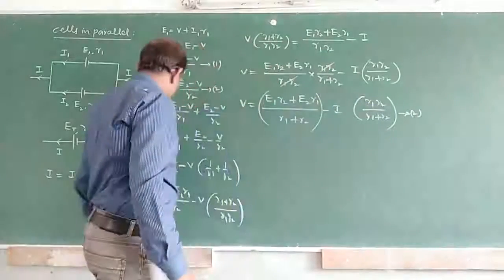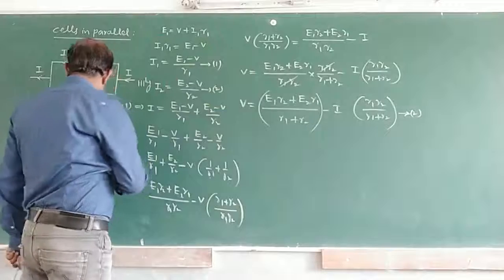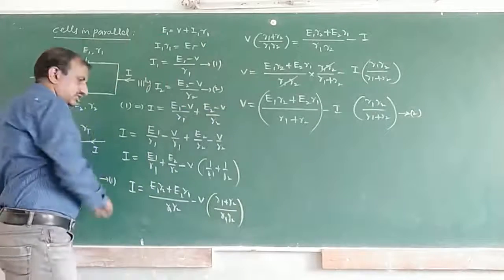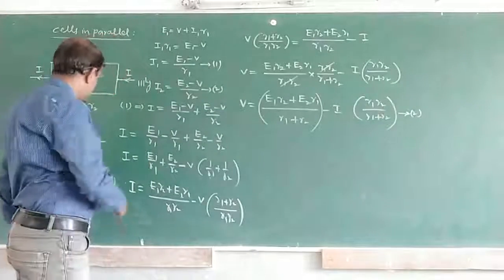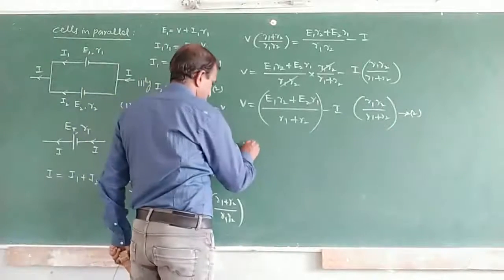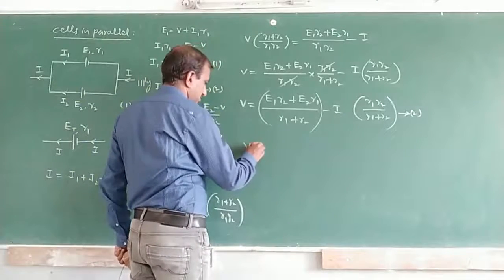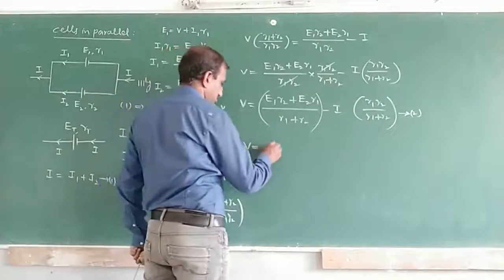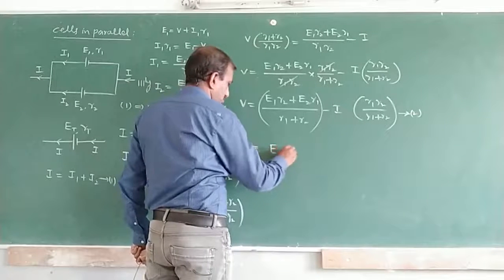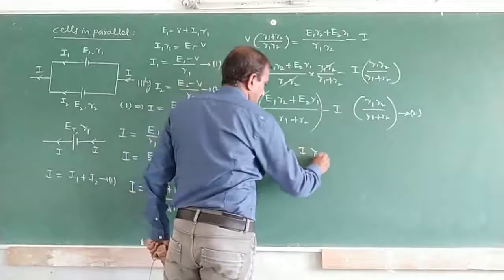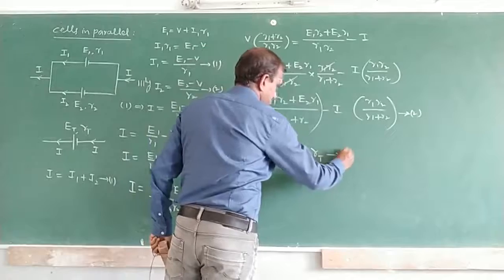Now what is the terminal potential difference across E total, the effective EMF? It is V equal to E total minus I into R total. Call this equation number 3.